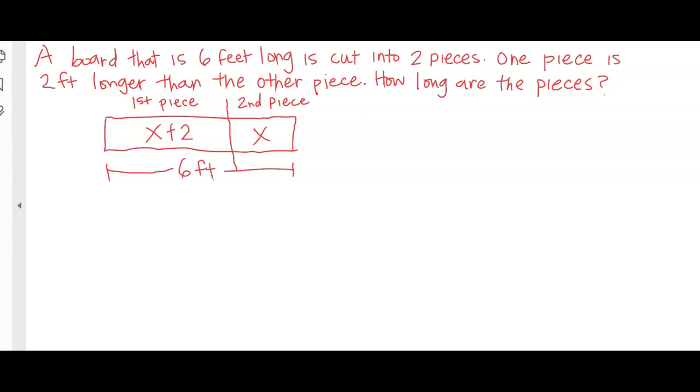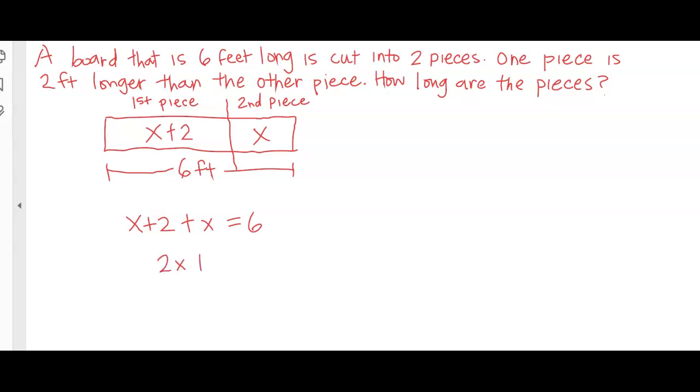Since we're trying to figure out all together, we know this whole thing is 6 feet. So x plus 2 will be the length of one piece, plus x is the length of the other piece, and that has to equal 6 feet.